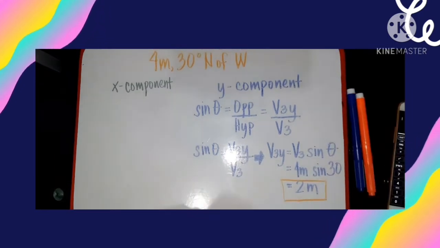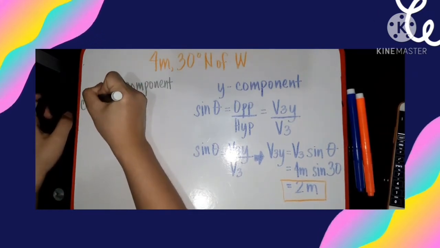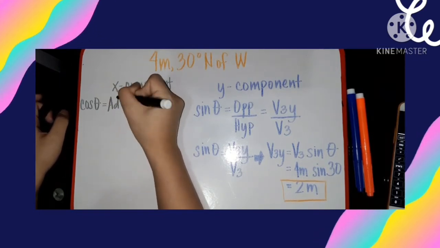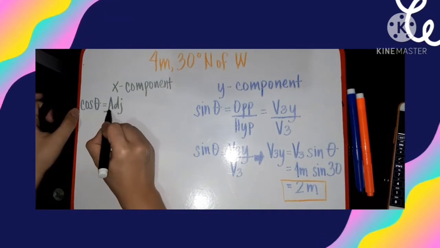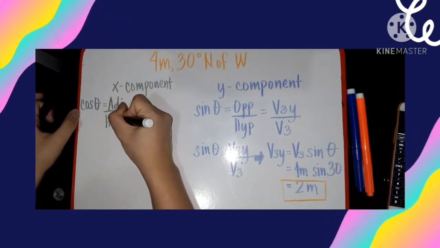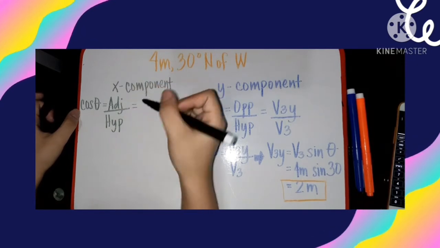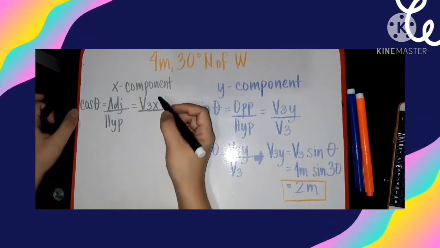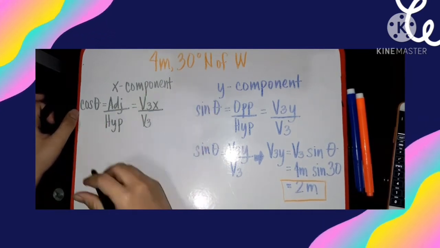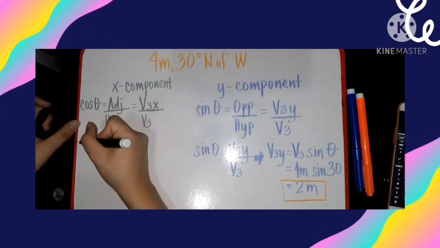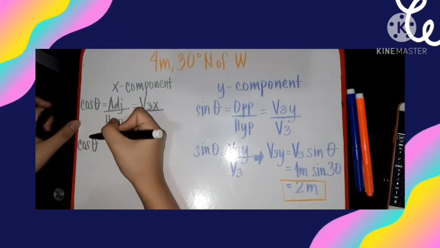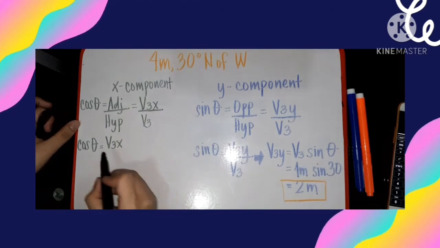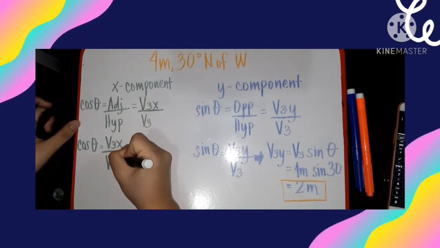Next is x component. Cosine theta is equal to adjacent over hypotenuse is equal to V3x over V3. Substitute the cosine theta is equal to V3x over V3.